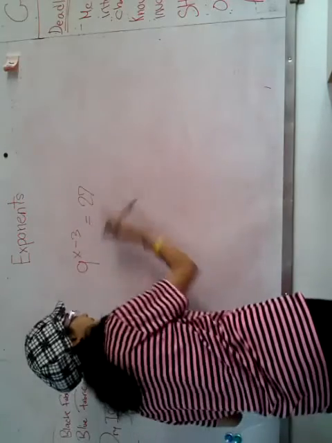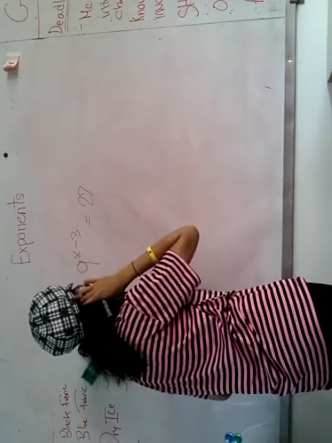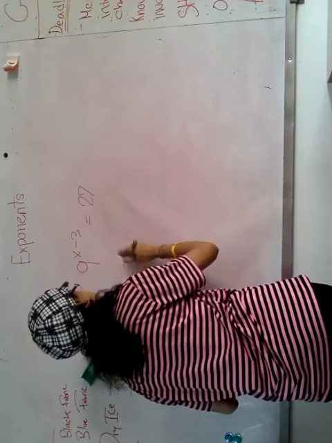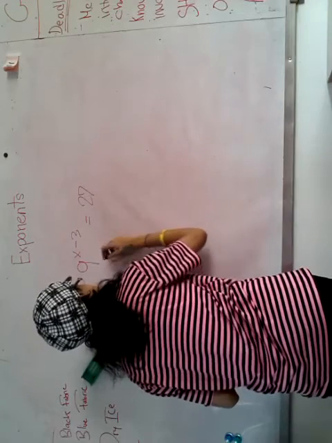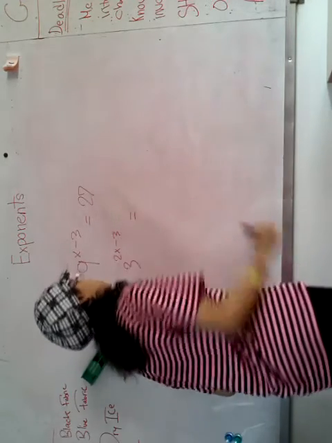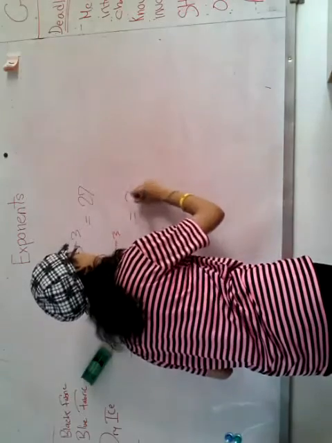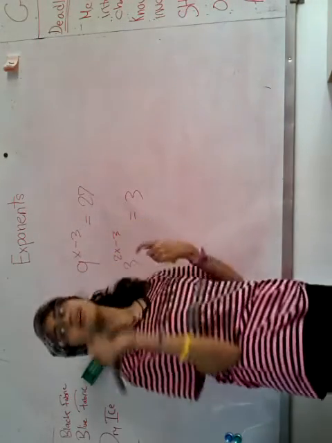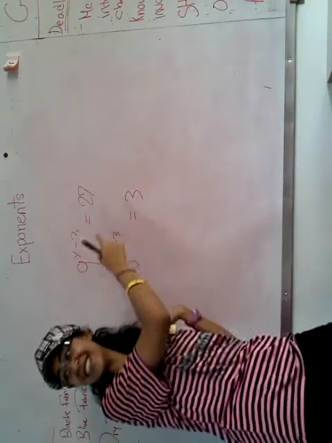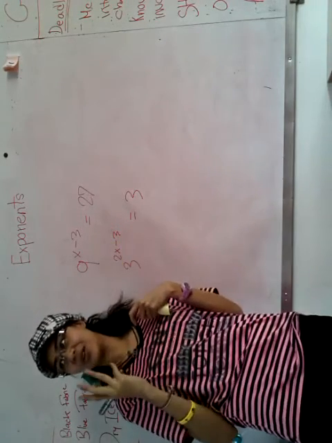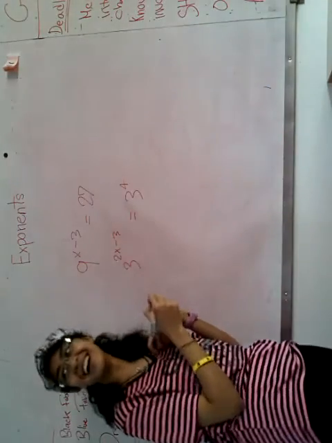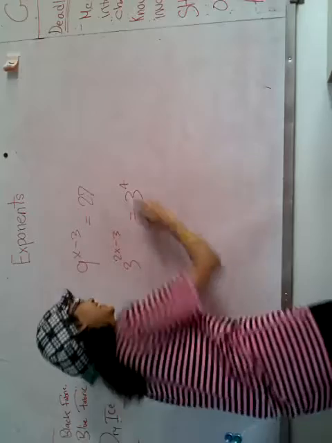Now you need to make the base equal first, which is gonna be 3 to the power of 2x minus 3 equals to 3 to the power of 3, right? 27 is 3 to the power of 3. Sorry, 3.